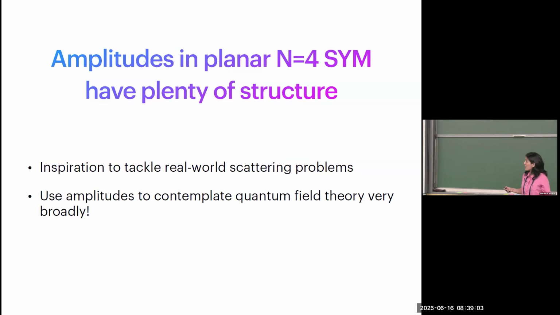They have plenty of structure. So this gives us inspiration to tackle real-world scattering problems, which by now even extend into classical gravity, in a more recent twist. And you use amplitudes and the structure you find in scattering amplitudes to contemplate quantum field theory very broadly. What is the structure of quantum field theory as such, even if you want to think beyond just computing the next order in perturbation theory?